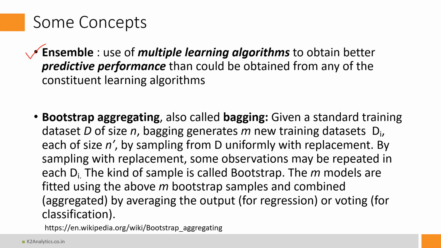When you're calling the algorithm, you have to also pass a data set on which you wish to build the model. From that data set, as a first step, you're going to create 51 samples with replacement. When I'm saying 51 samples with replacement, I'm not saying that each sample will have 51 observations.